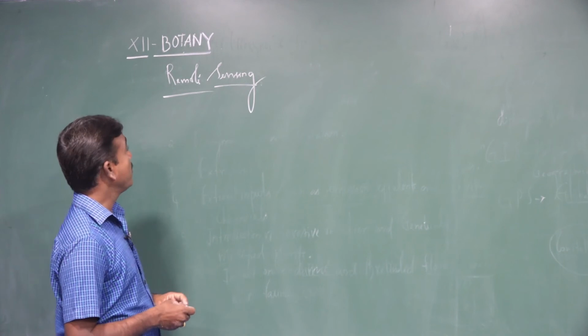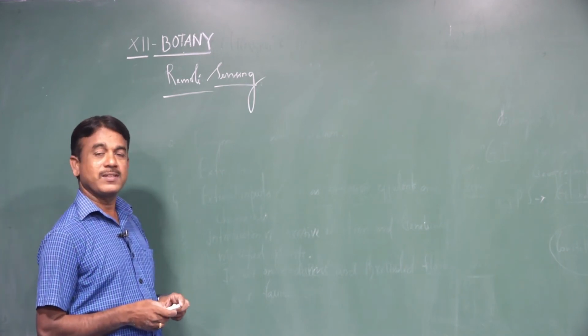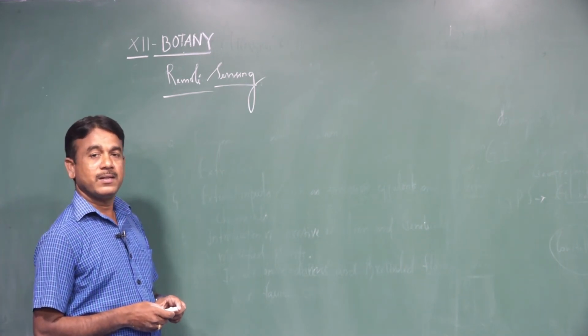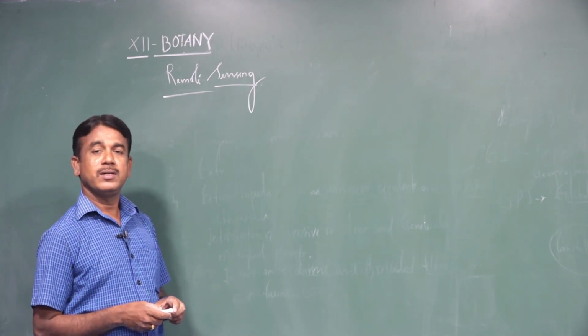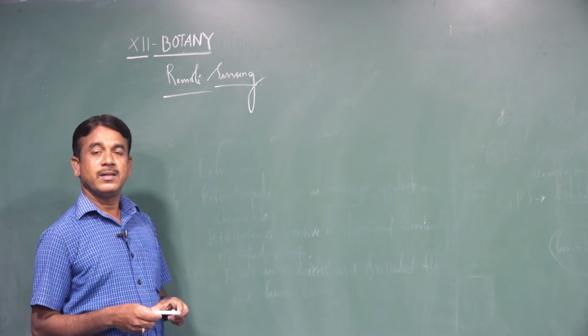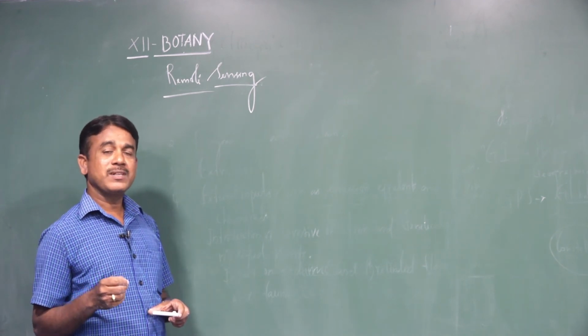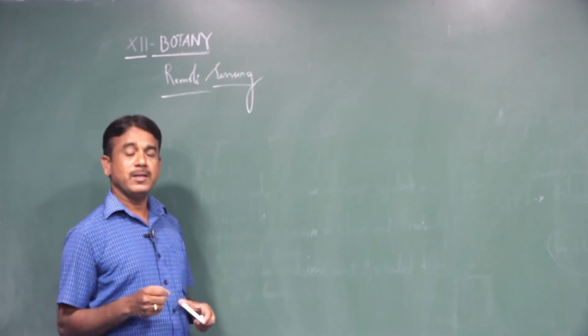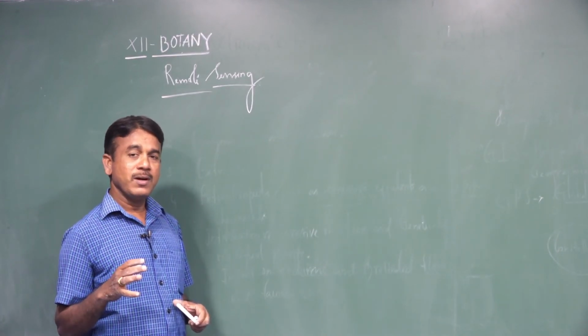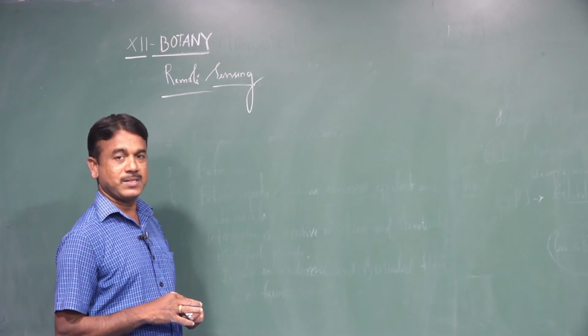The next topic I am going to discuss is remote sensing. It is a current topic. Nowadays it can be used to detect a small object wherever it is present. With the help of the apparatus, you can clearly observe and find out such things.